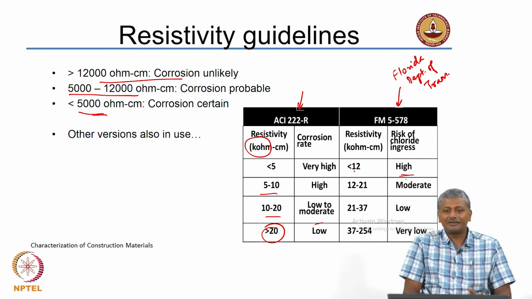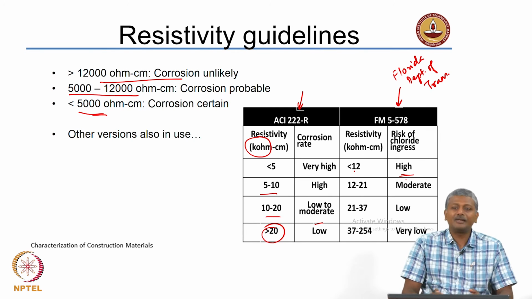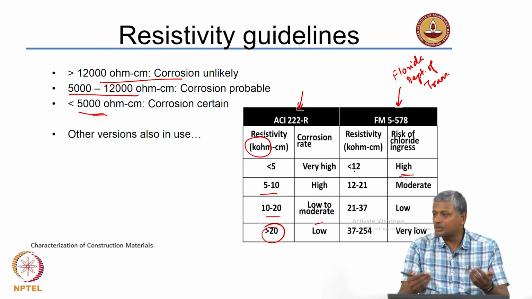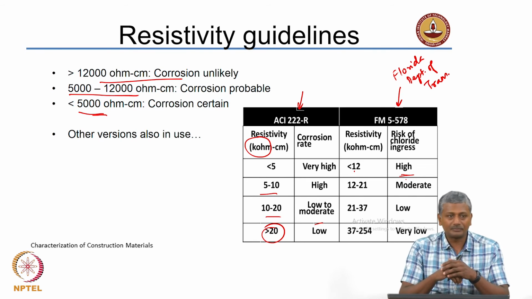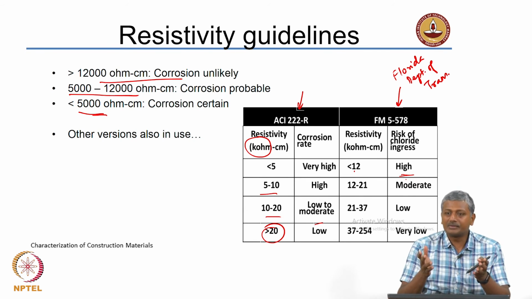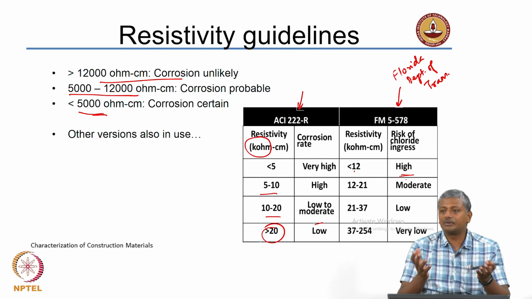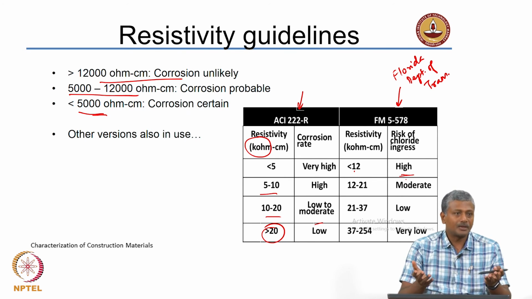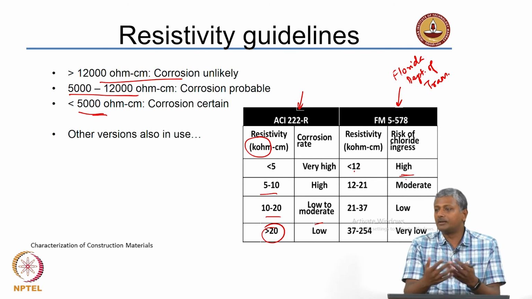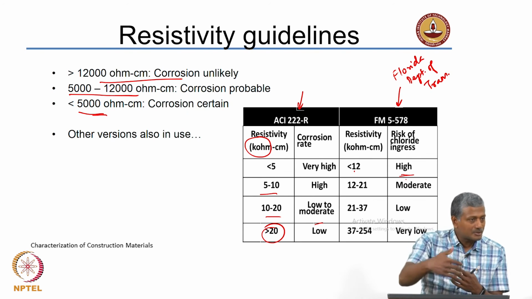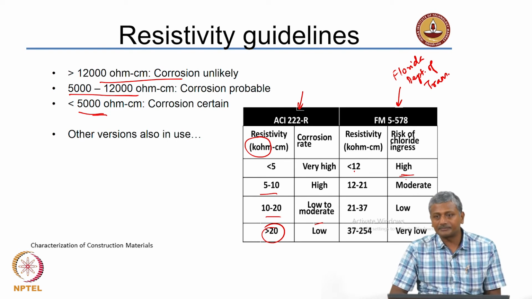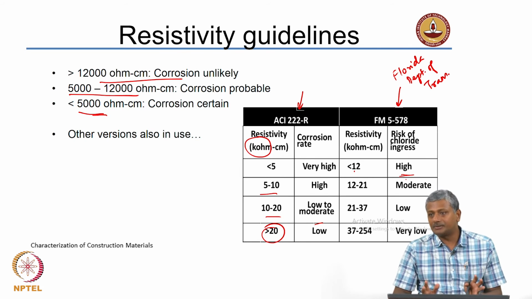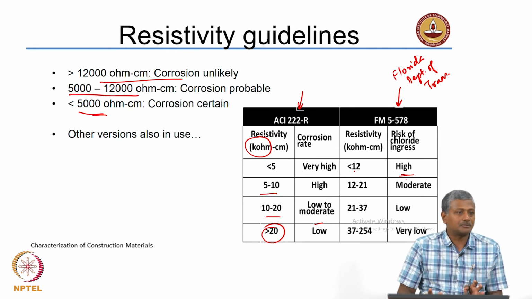Now, please remember that your resistivity is in no way linked to the actual physical ingress of the chlorides, right. Your resistivity is just defining the interconnectivity of the pores. But you all know very well that the more interconnected the porosity, the greater the risk of ionic species coming in from the outside. So, again there are various ways in which the data is interpreted, and none of these can be entirely accurate, right.